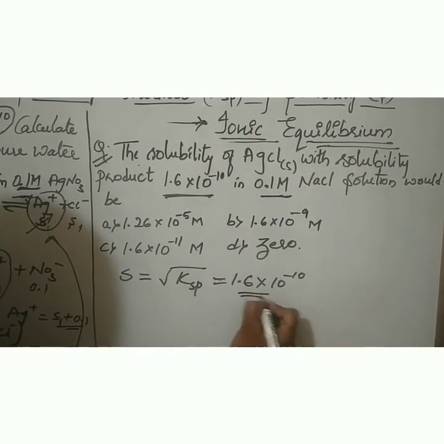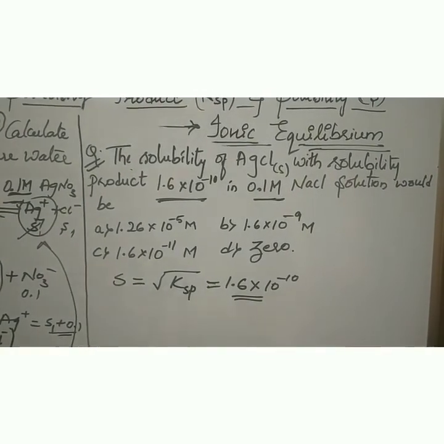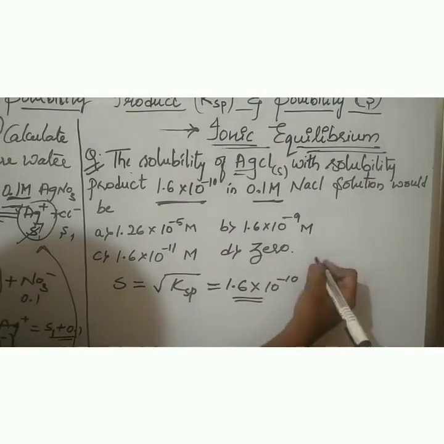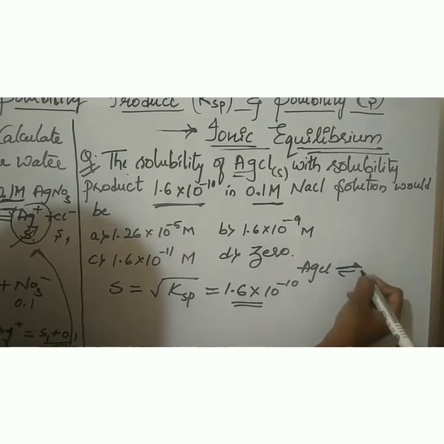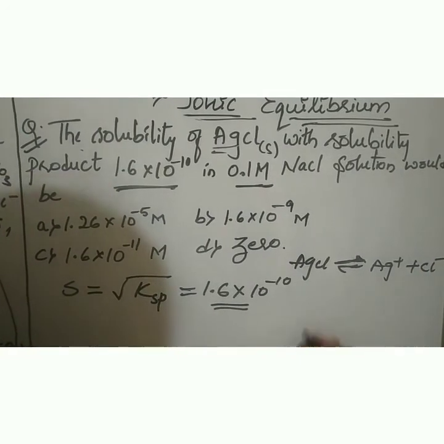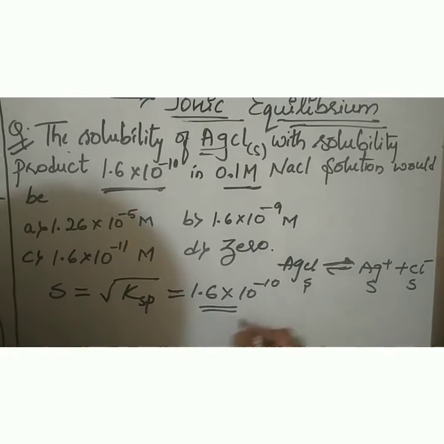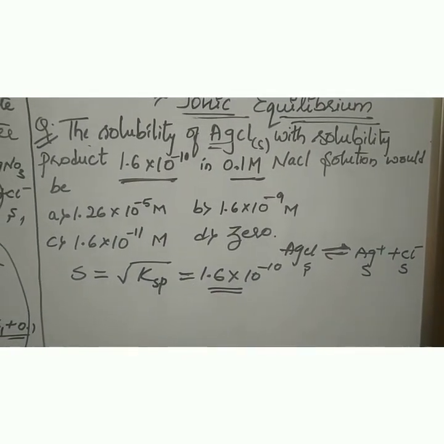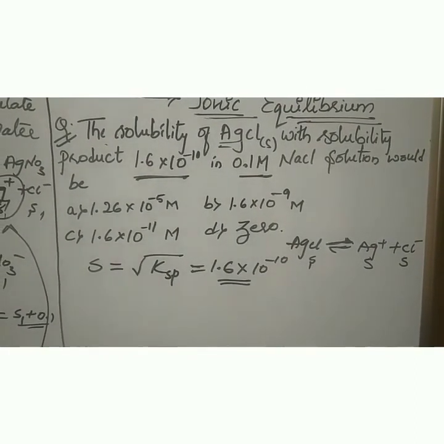This is already given. As I said in the previous question, AgCl gives rise to Ag+ and Cl-, each with solubility S. Here 0.1 M NaCl solution is added to the solution.